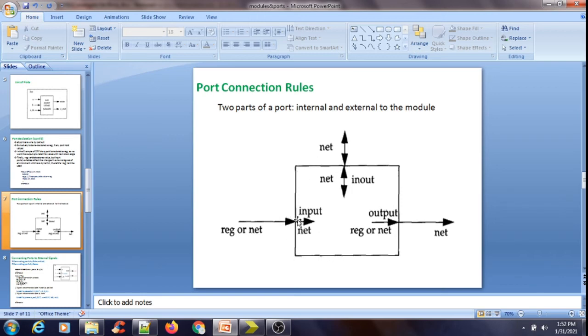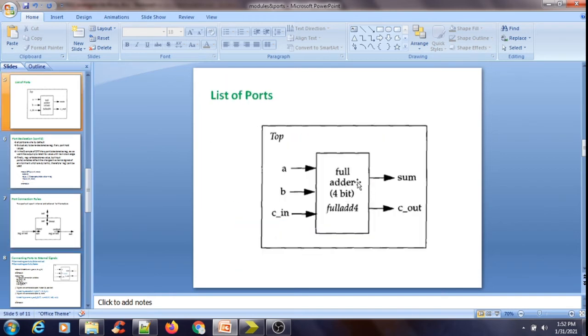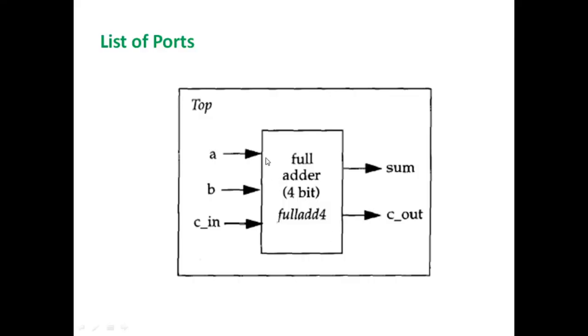I will treat the input port as of type reg, and I will treat my output port as of type wire. Why am I going to treat it like this? I said that in this 4-bit triple carry adder diagram, internally small a, small b, small c are defined as wires, and sum and cout are declared as of type reg.